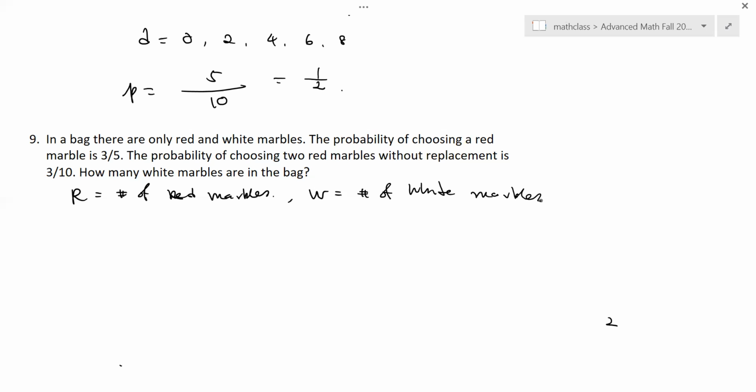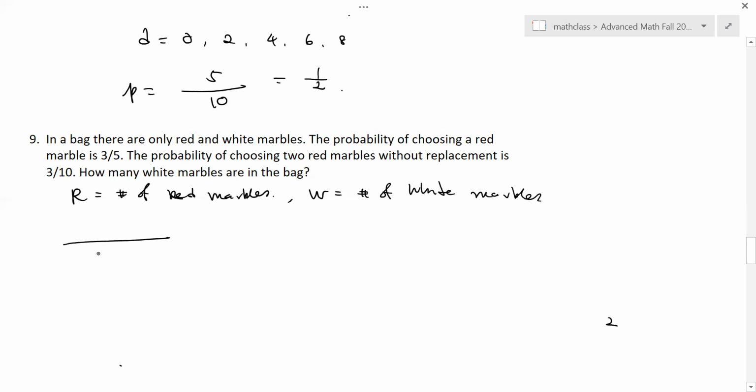All right, so we have to get some equations, right? Based off the first statement, choosing a random marble, the probability is 3/5. So let's count the probability. The denominator is the number of possible outcomes. You choose one marble from this bag. How many marbles are there?